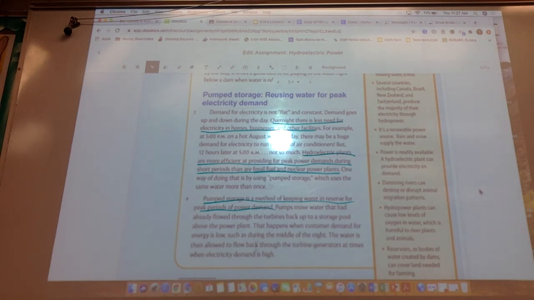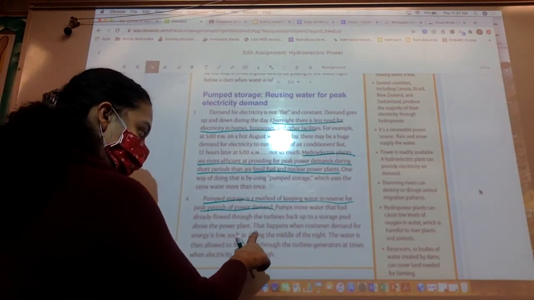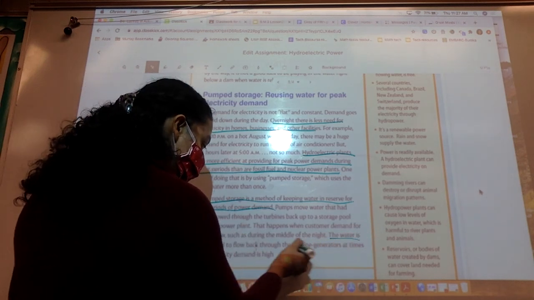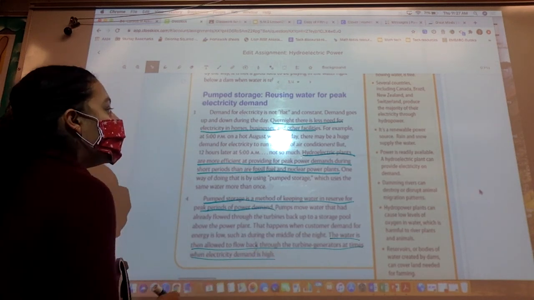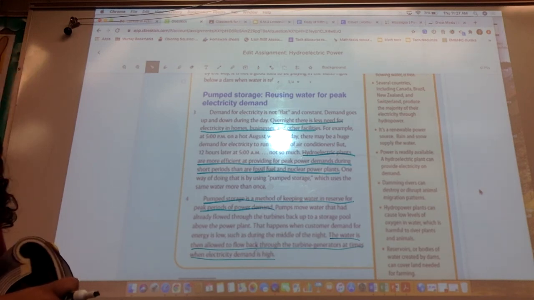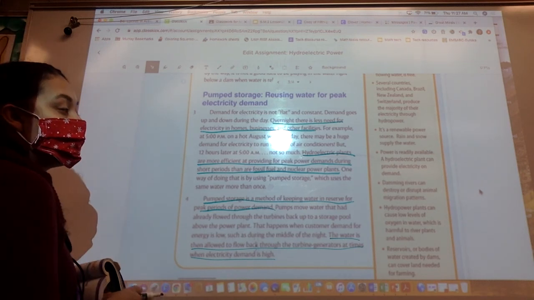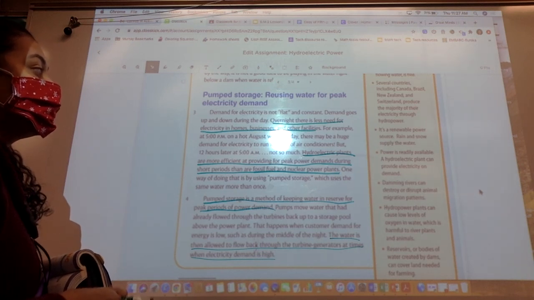Dylan? The water is then allowed to flow back through the turbine generator. Okay, the last sentence, Muna. For example, at 5 p.m. on a hot day there is a huge demand for electricity to run millions of air conditioners, 12 hours later at 5 a.m., not so much.